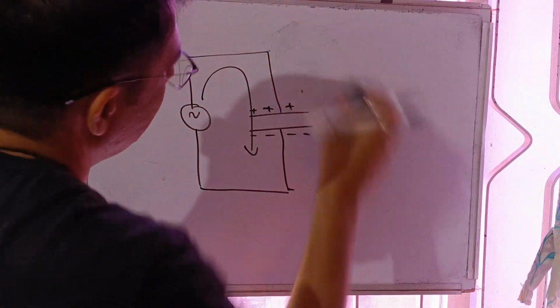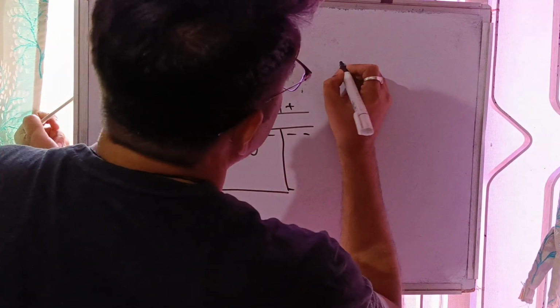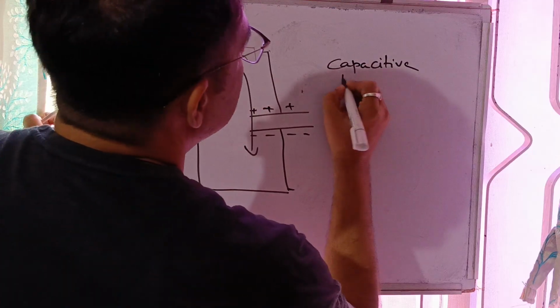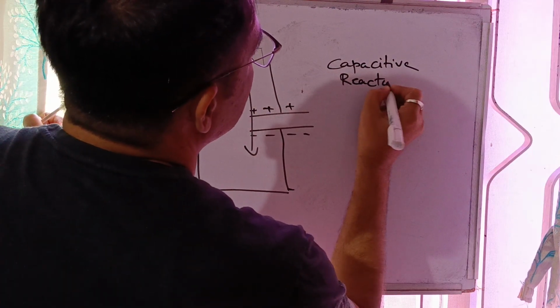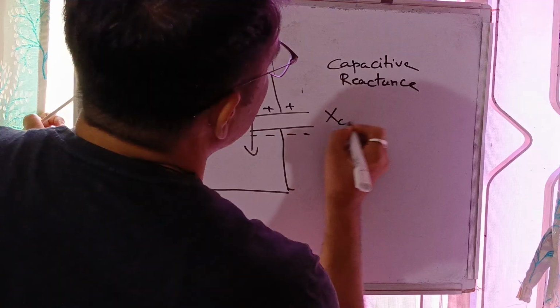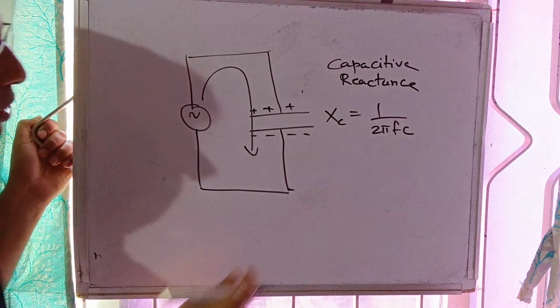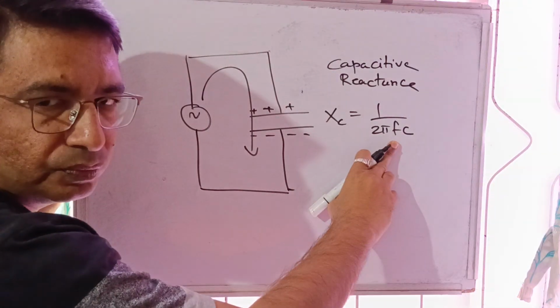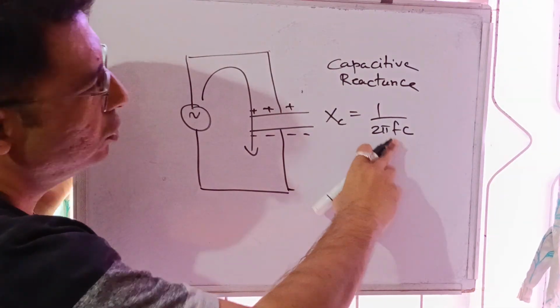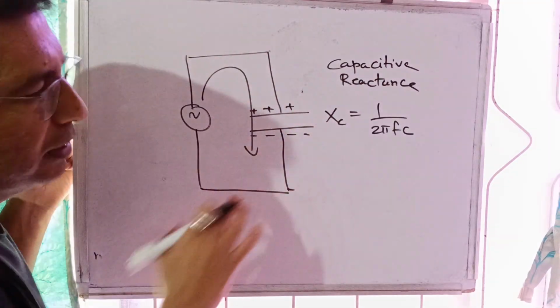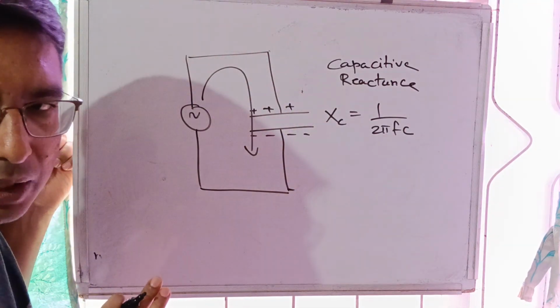Now let us understand the same phenomenon in case of AC for capacitive reactance. We'll use the same formula. In DC, F was 0, so Xc was infinite. That means no current can flow through the capacitor.